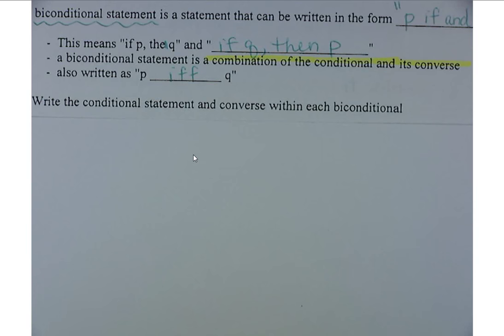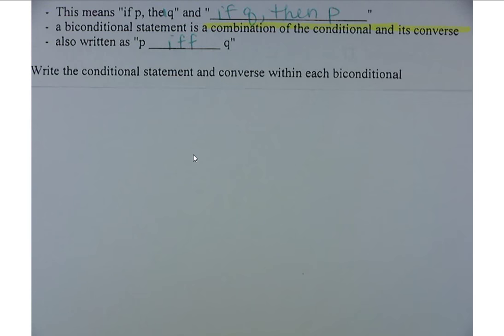Okay, so what we're going to do is write the conditional statement and converse within each biconditional. So for part A, it says a solution is neutral. That's another way you can say if and only if. It's the double-sided arrow. So that double-sided arrow means if and only if its pH is 7.